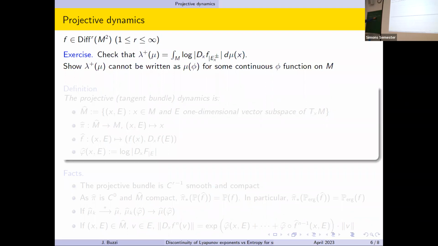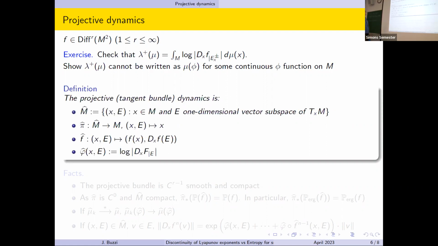Since this is one-dimensional, I can just take the logarithm of the norm, which is the same thing as the Jacobian, because these things are one-dimensional. But what cannot be, in general, is that this coincides with some average of a continuous function, because otherwise it would be saying that lambda plus is a continuous function, and I said it is not, and you believe what I say.